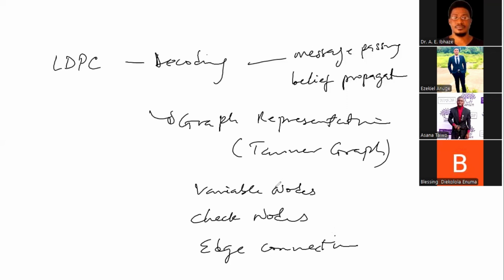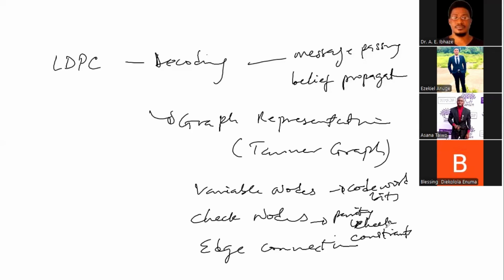So how do we do this? Now, the variable nodes give us the code word bits, and then the check nodes give us the parity check constraints.